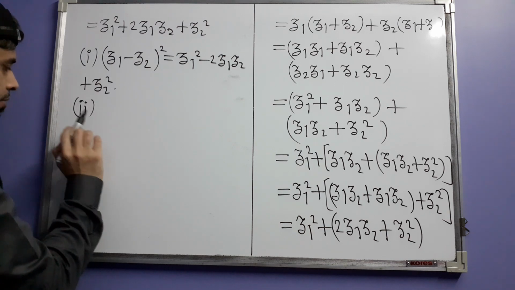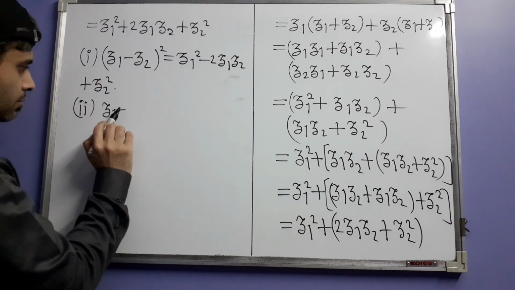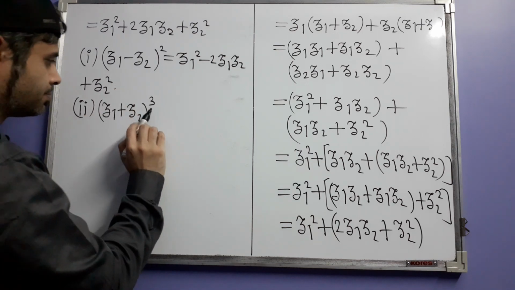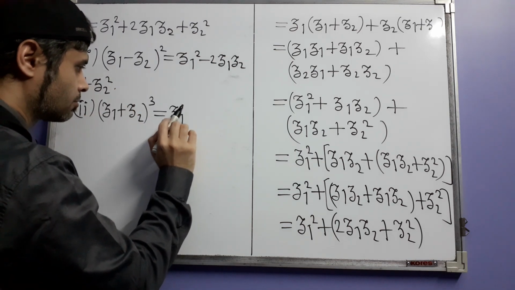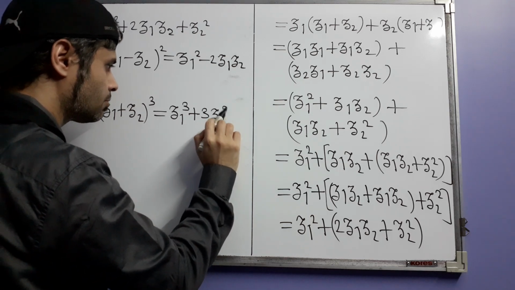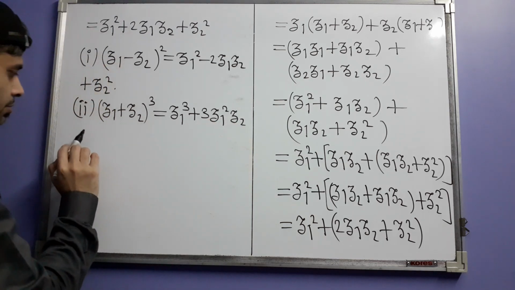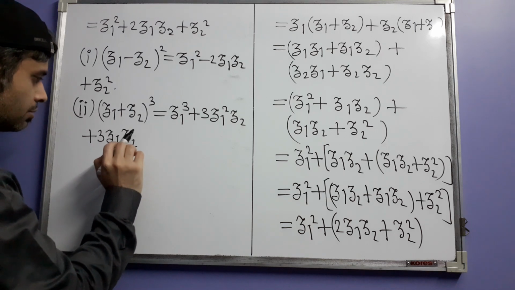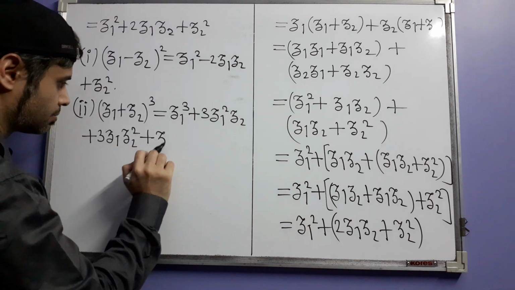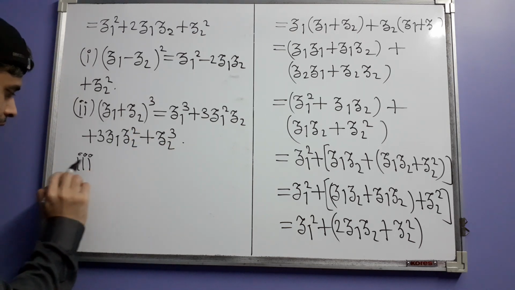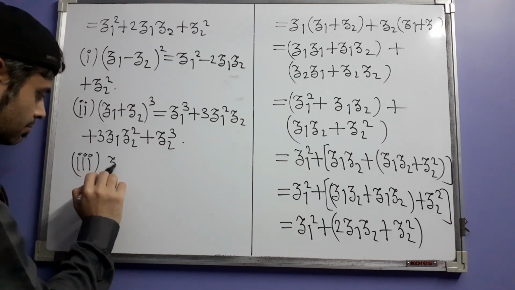Then you have another one for cube also: z1 cube plus 3 z1 square z2 plus 3 z1 z2 square plus z2 cube. You can similarly verify these things.